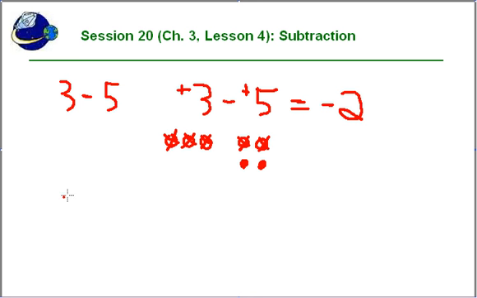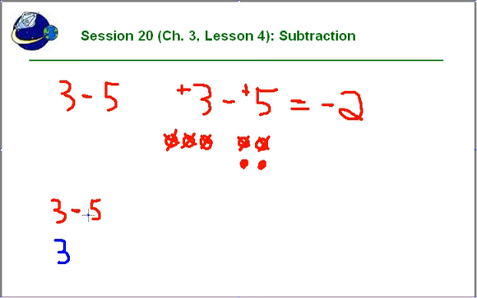Well, what do I mean by that? Let's take the same example here of 3 minus 5. This is a subtraction problem. This is really a positive 3 minus a positive 5. We can rewrite this problem, and I'm going to go to blue now to indicate that we've made the change. I'm going to rewrite this as an addition problem.